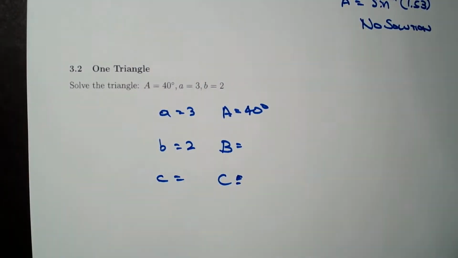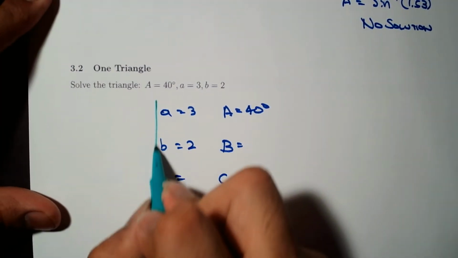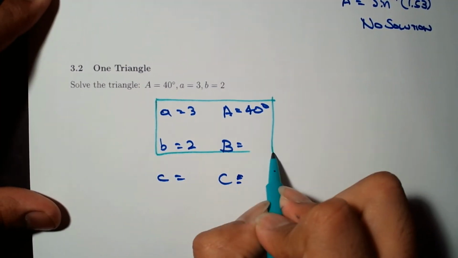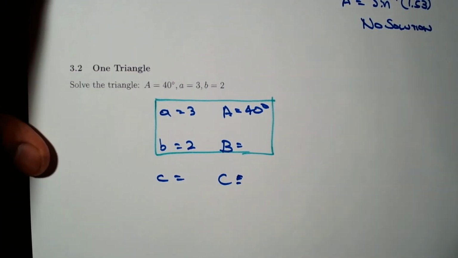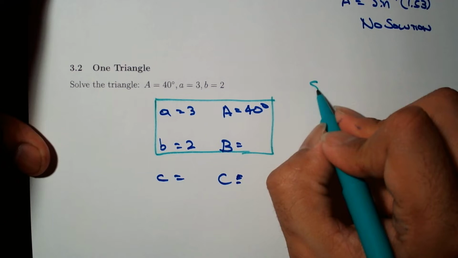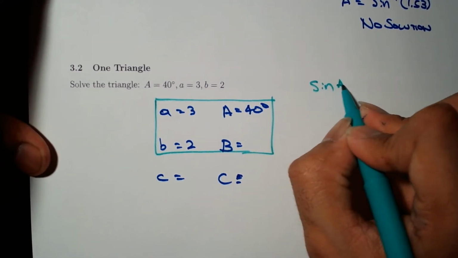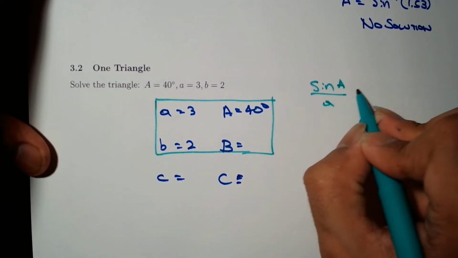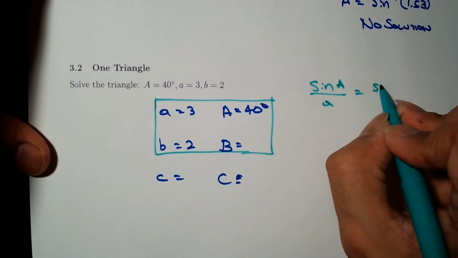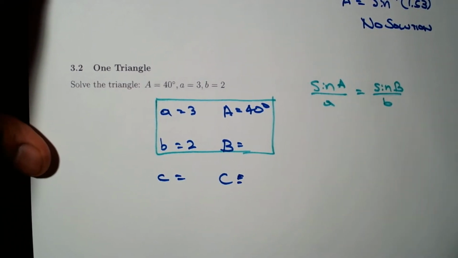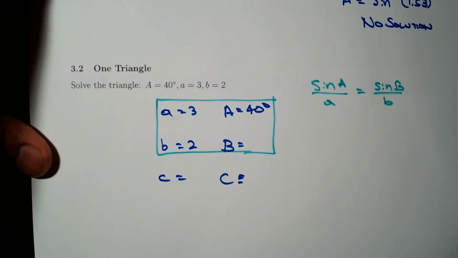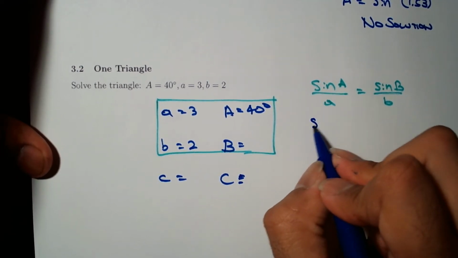So in this case, we are going to relate A with B using the law of sines. Look what's going to happen in this case as opposed to the previous example. Sine angle A divided by side A equals sine angle B over side B.